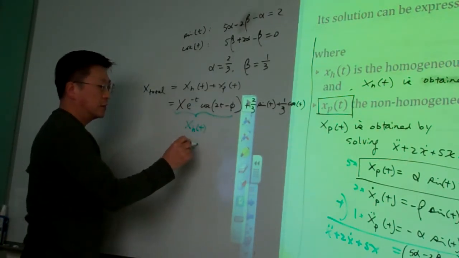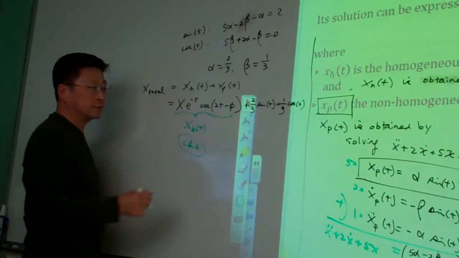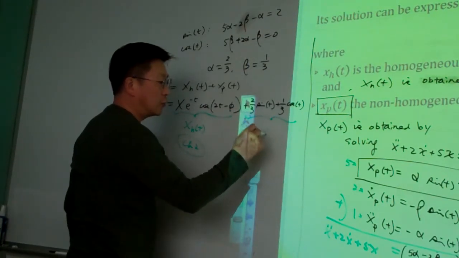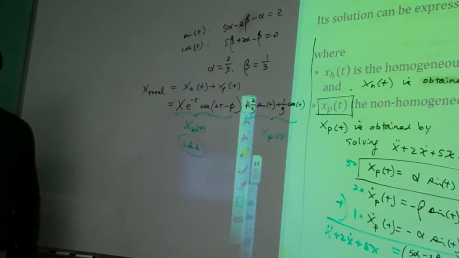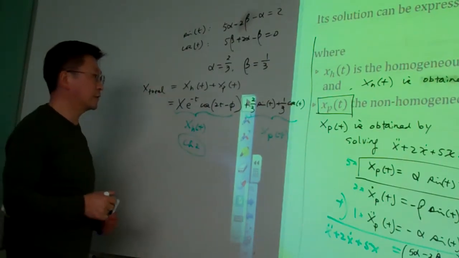That is our topic from chapter 2. And this portion is our particular solution, and that simply is a little bit of new stuff from our topic this time. Okay.